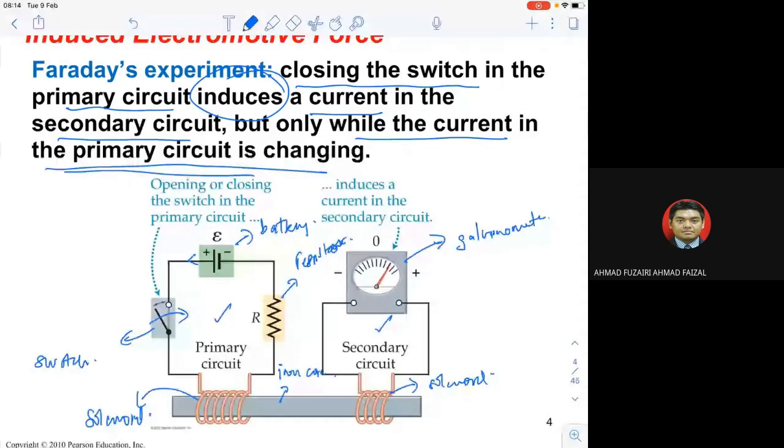When you have a current carrying wire, you are actually generating a magnetic field, which occurs in the iron core, in the current carrying wire here.